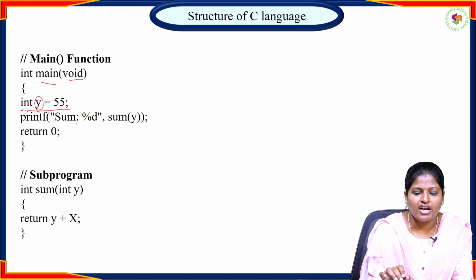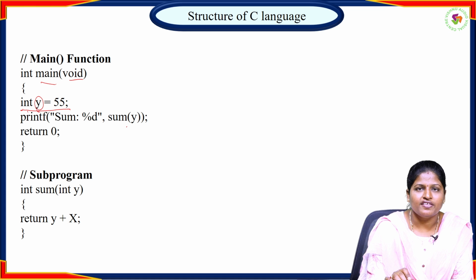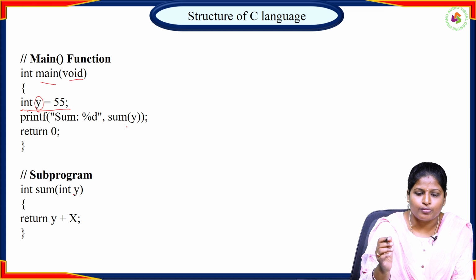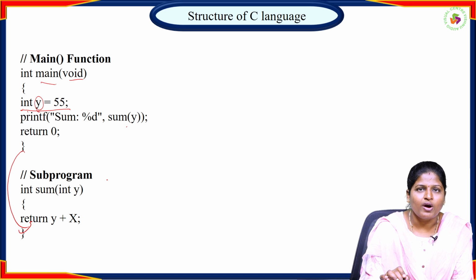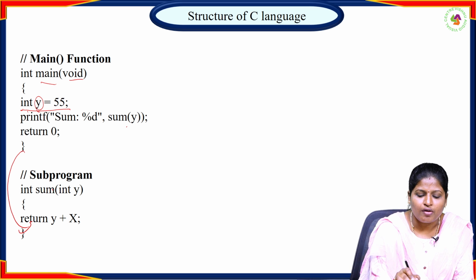I am printing the value of sum, that is sum of y. This is nothing but function calling. As I told, the functions can be written in the subprogram section, which is outside the main. Now to execute this function, I have to use the name of the function inside the main bracket.